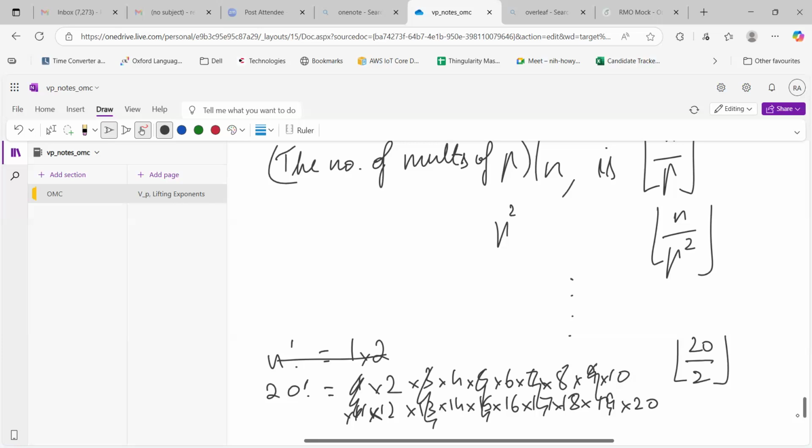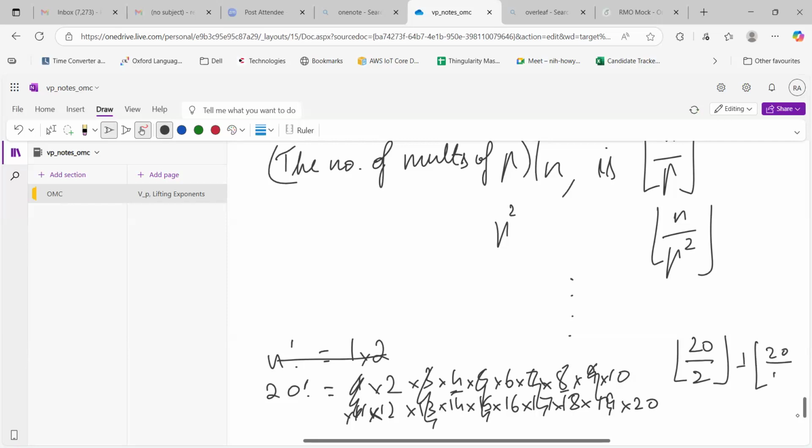We've actually undercounted because there are some numbers that contribute more than 1 power of 2. Those are, for example, the multiples of 4, like 4 contributes 2 powers of 2, 8 contributes 3 powers of 2, etc. So to count that, we count the number of multiples of 4. They add an extra power of 2.